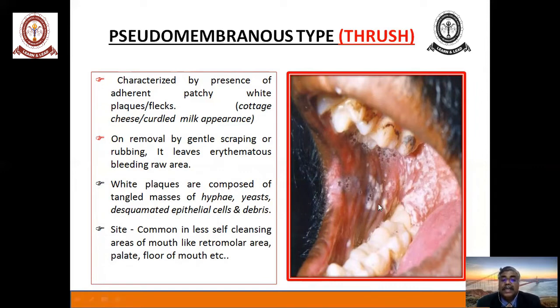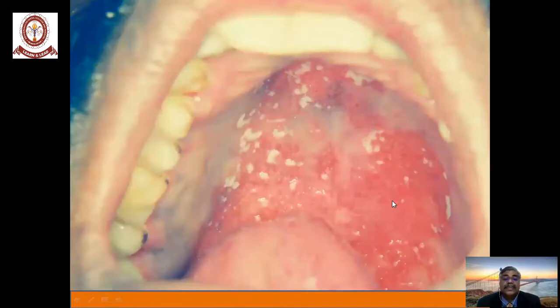Here you can appreciate numerous white flecks that may resemble food debris or curdled milk or cottage cheese, predominantly located in the retromolar areas. And in this case, we can see white flecks present in the vault of the palate.